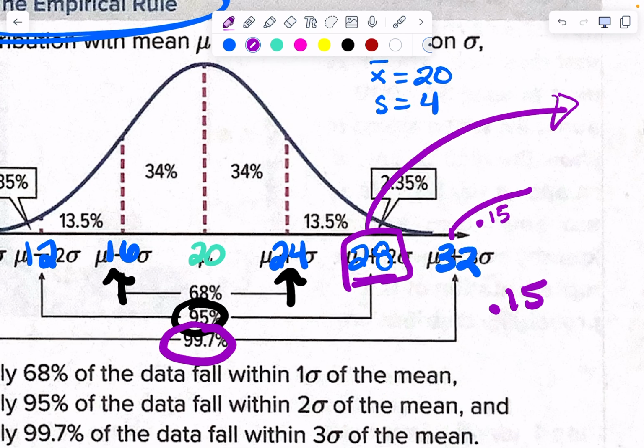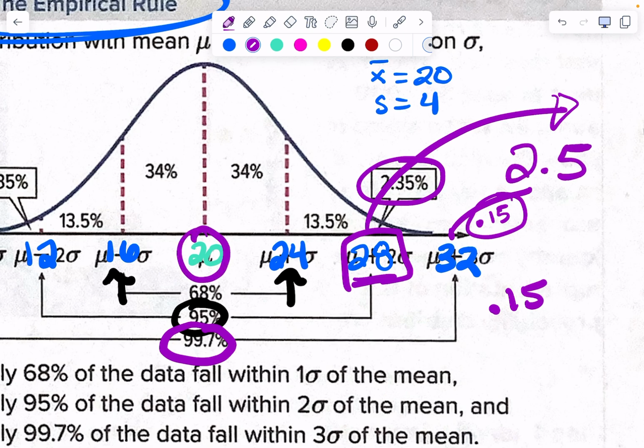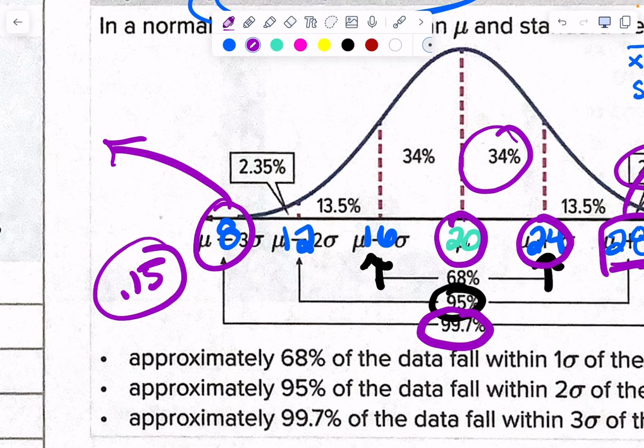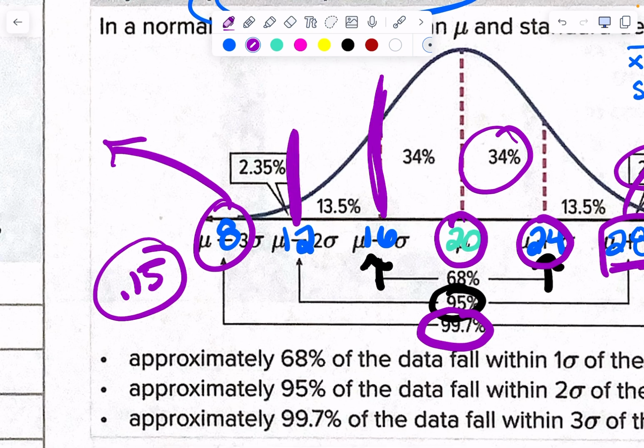So what is above a 28? It would be 2.35 plus the 0.15. So what percent of people is above a 28? 2.5 total, right? What percent of people scored between a 20 and a 24? 34% of people. What percent of people scored below an 8? 0.15%. What percent of people scored between a 12 and a 16?